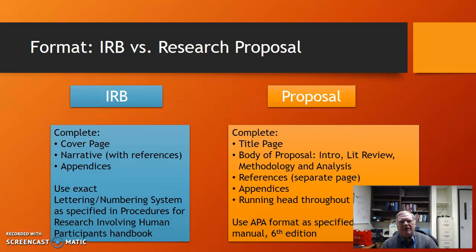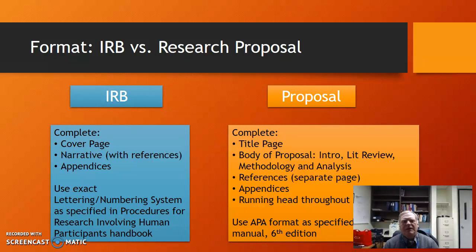The format is completely different. The format of the IRB is there's a cover page, and that's either paper if you're in my class and I'm the one giving you permission, or electronic through IRBnet if you need to go that way.